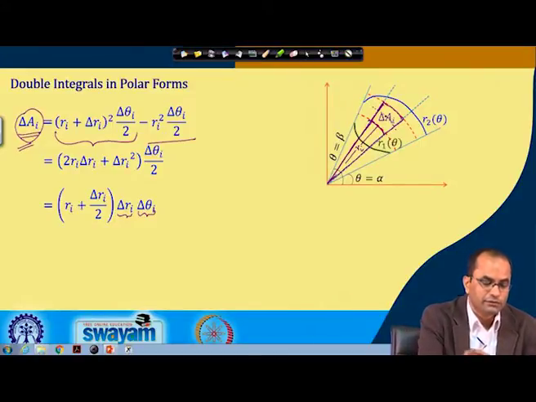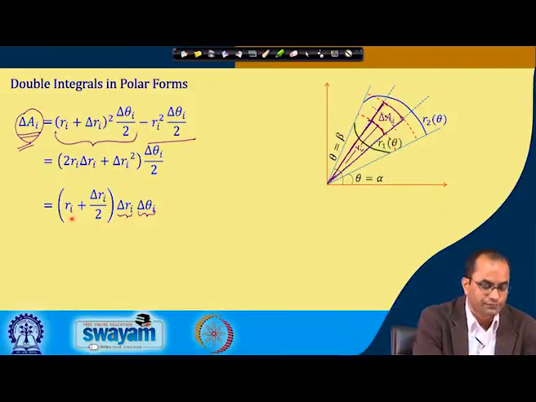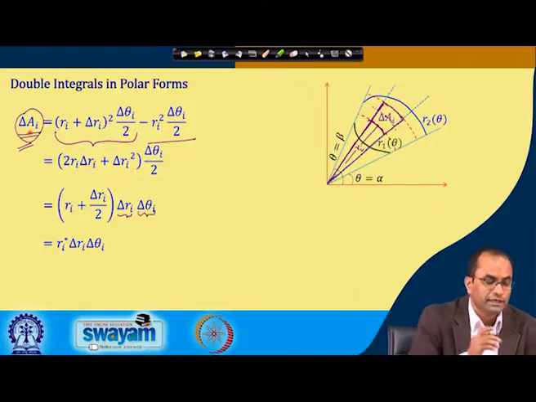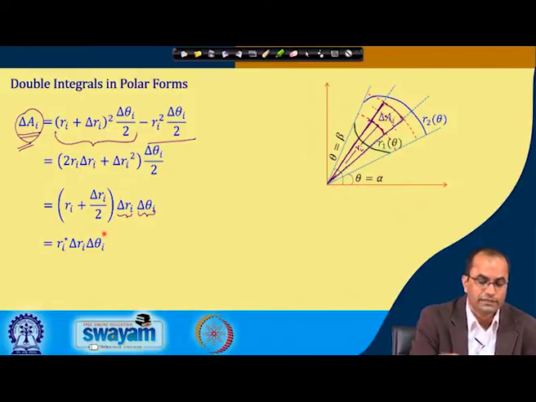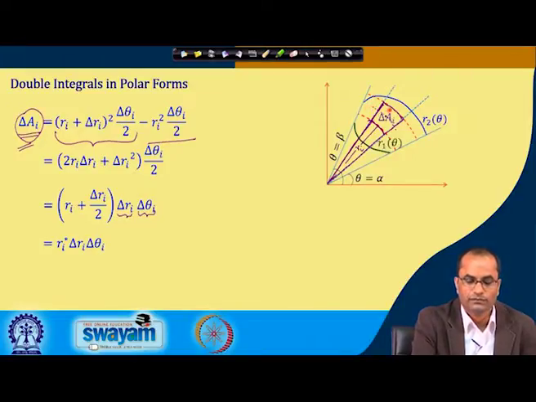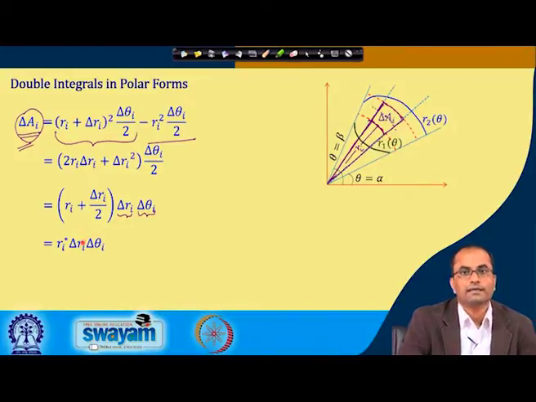And we can denote this now by r I star, and then we have delta r I delta theta I. So, the area of this small region is r I star, that is somewhere in the middle of the two circular arcs we have for this region, times delta r I delta theta I.